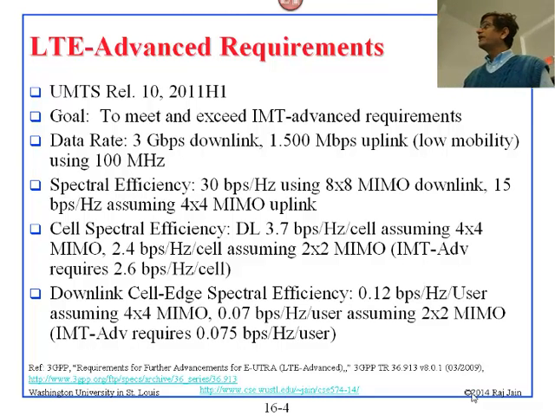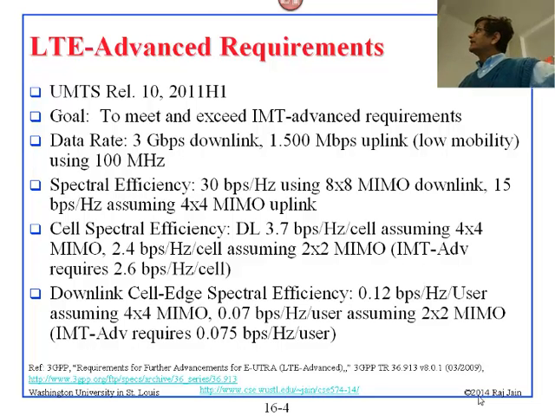3 gigabits downlink. All right. The requirement is 1 gigabit, but we can do 3 with 100 megahertz. And 1500, 3 times, instead of 500, we can do 3 times. It should be 1,500, so basically 1500 megabits, not 1.5 megabits.